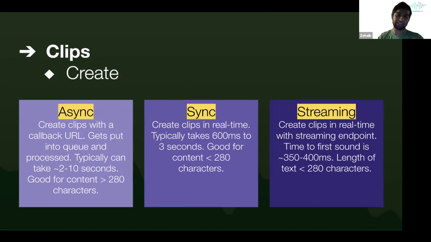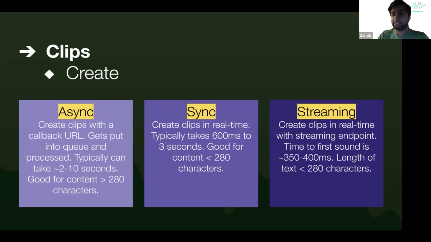So with 10 seconds, it might take 800 milliseconds up to a second to generate. So the more content you give it, the faster it generates, per se. We recommend this for content that's less than 280 characters, or less than a tweet. This is great when you're building things like games or Alexa skills, where you're trying to get the content immediately for the request and then send it back wherever you need to.